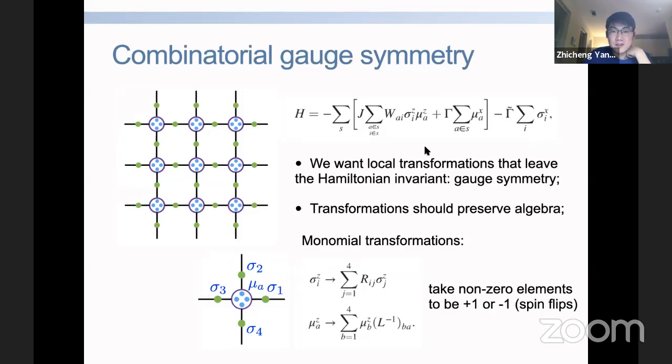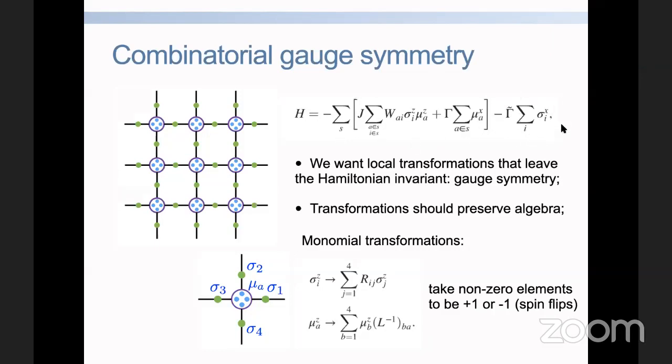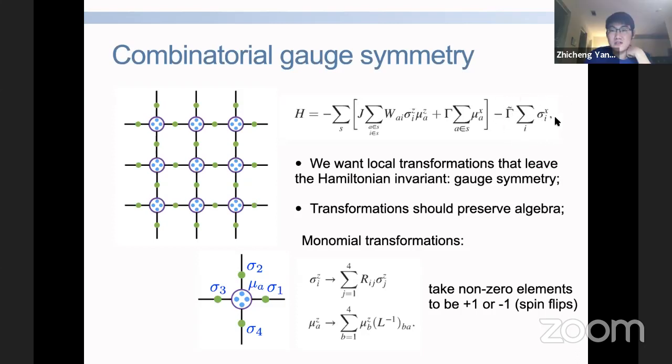You can view the term in square brackets as the analog of a star operator, and then you sum over all stars. On top of that, I introduce a transverse field on the gauge spins as well, denoted gamma tilde. So we only need 2 types of terms, the Ising ZZ interaction and a transverse field term. Those are the only terms in the Hamiltonian.